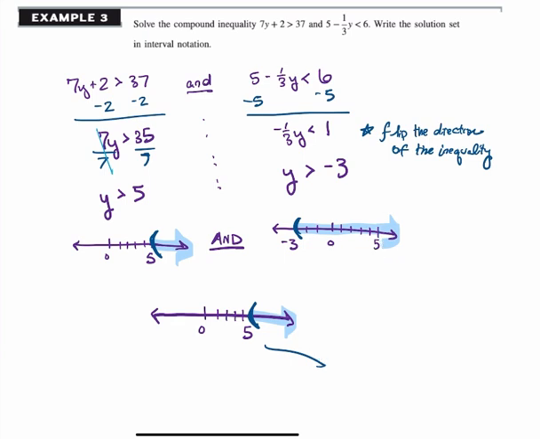So that's where they would intersect each other. And then as interval notation, we would give starting at 5, going to infinity. So it might be a little bit tricky. We have to think about where they would overlap.